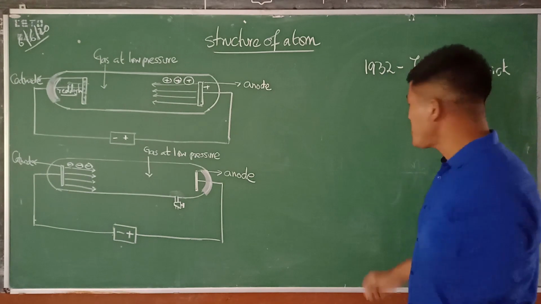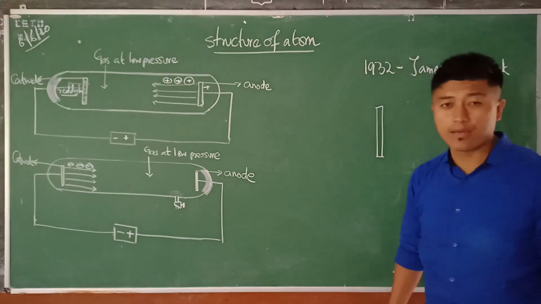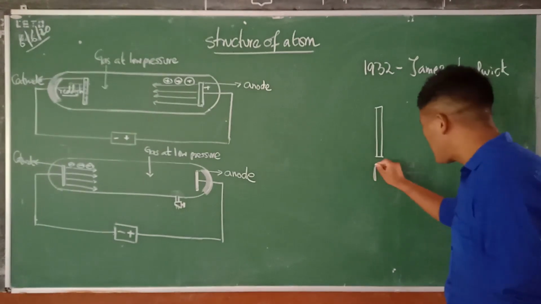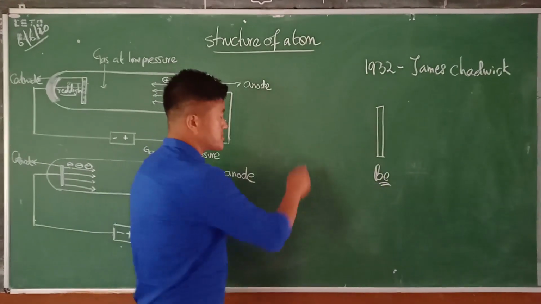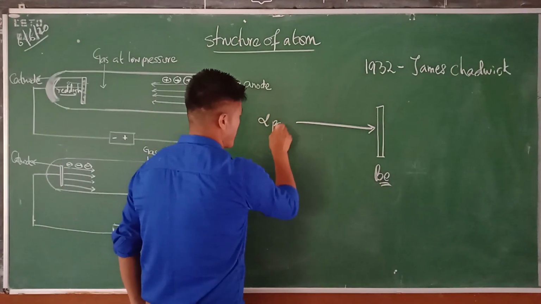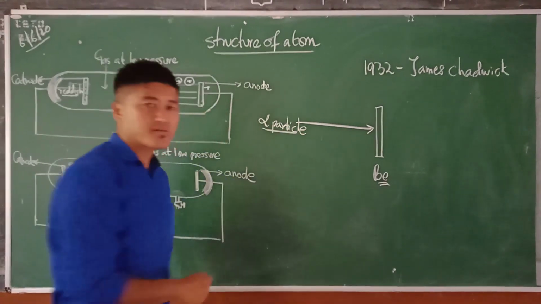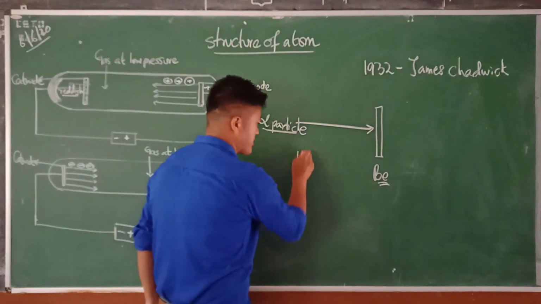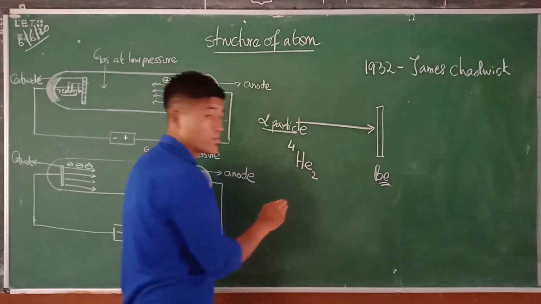What he did, he kept some beryllium. You know beryllium, right? He kept some beryllium atom over here, and to this, he passed some alpha particle. Now you must be thinking, what is that alpha particle? Alpha particle is helium, with a mass of 4 and atomic number 2.